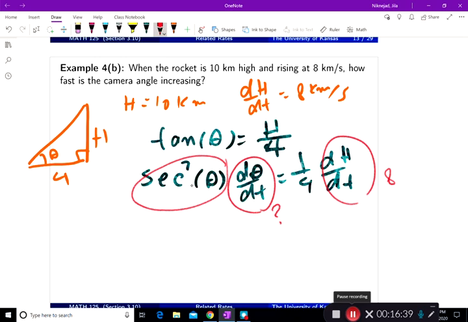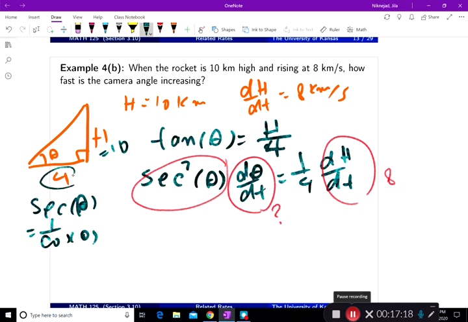That question can be answered using this right triangle and the Pythagorean theorem. So we're saying that at that instant, h is going to be equal to 10, right? And using that fact, what am I trying to find? I'm trying to find secant of theta. Secant of theta is equal to 1 over cosine theta, so I'm really looking for cosine theta.